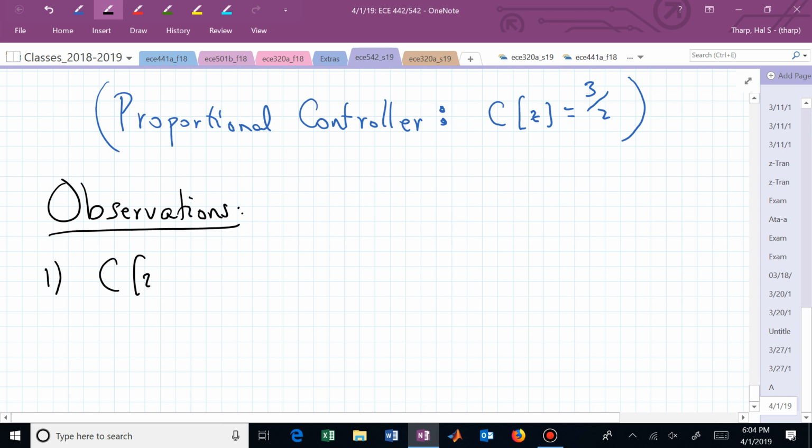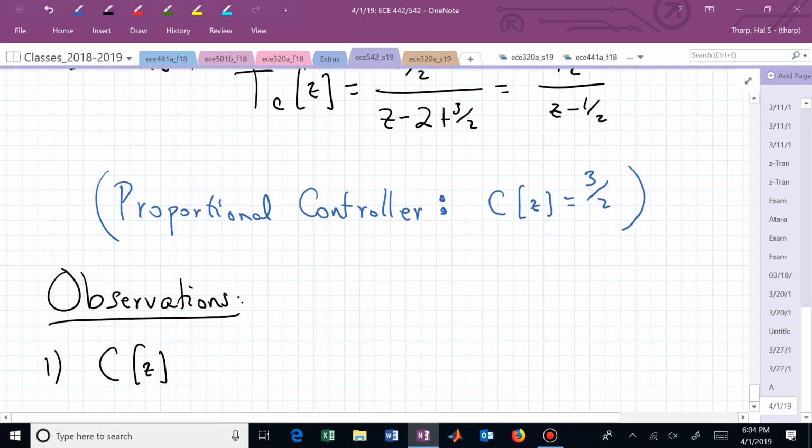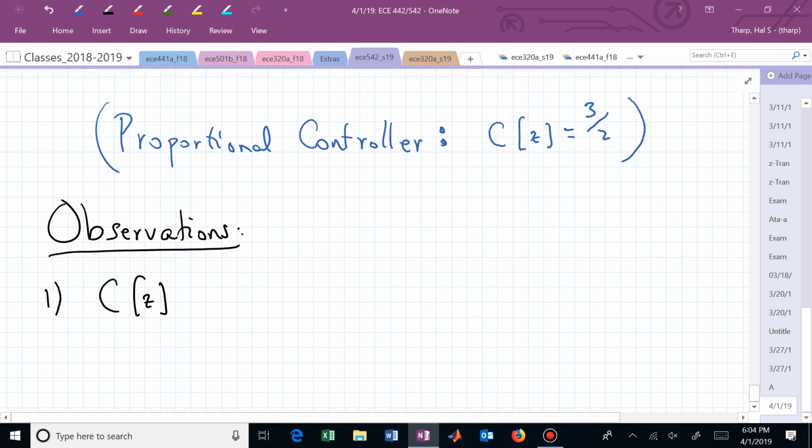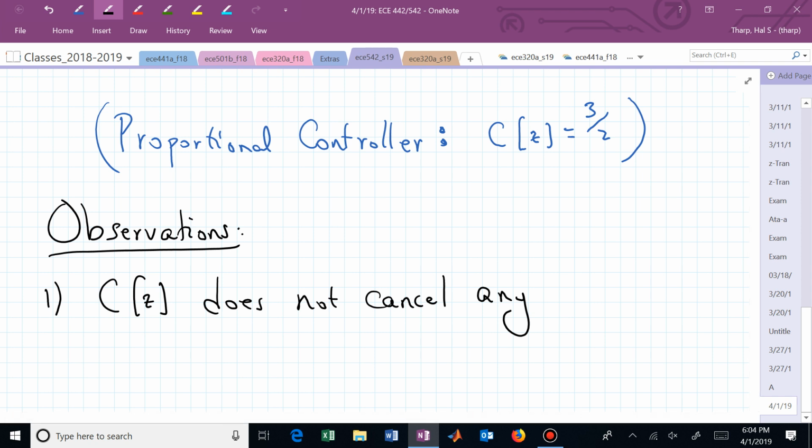One, does C of z being equal to 3/2 cancel any unstable poles or zeros in our original plant? No. So that's a good thing. C of z does not cancel any. It did make an unstable system stable, but it didn't cancel anything to make that happen. It just applied a gain.